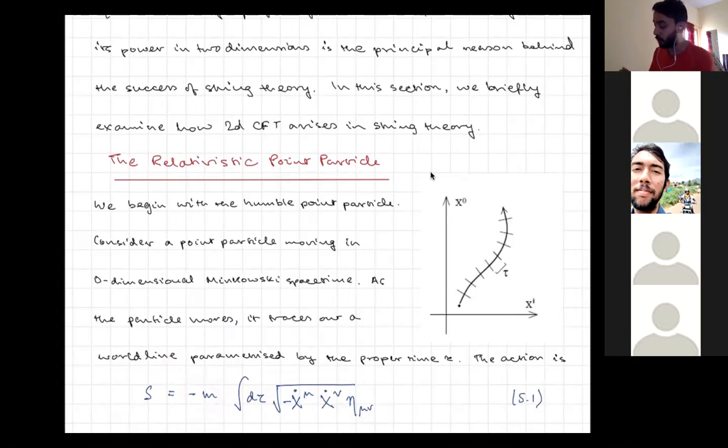One puts this in just to make sure that when we look at the non-relativistic limit, it still gives you the usual thing that you would expect, right? So that's how you fix this number in front to be equal to minus m. Very good.